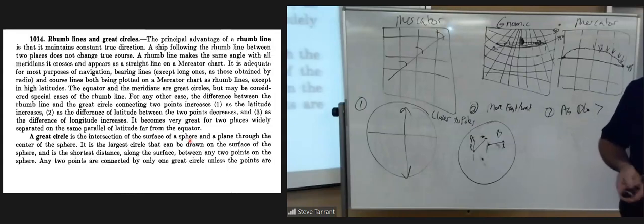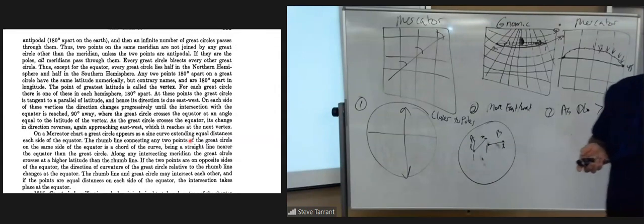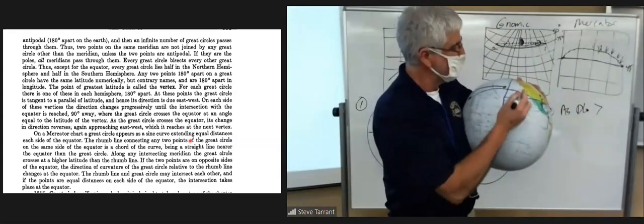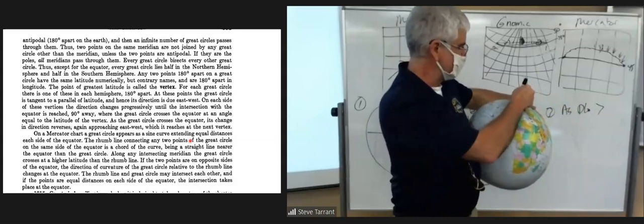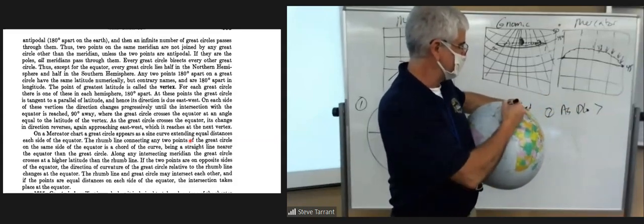Now, it is the shortest distance between any 2 points on the sphere. Any 2 points are connected by only one great circle unless they are antipodal. Antipodal means 180 degrees apart. Let me ask a question. Justin, if my vertex is 50 degrees north, here's the prime meridian, and my vertex is right here, 50 degrees north.